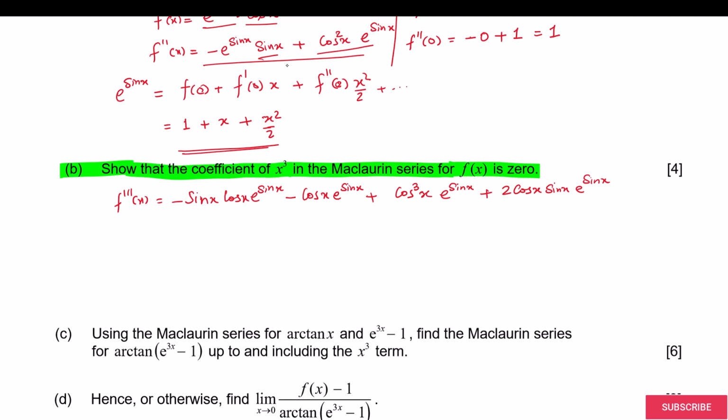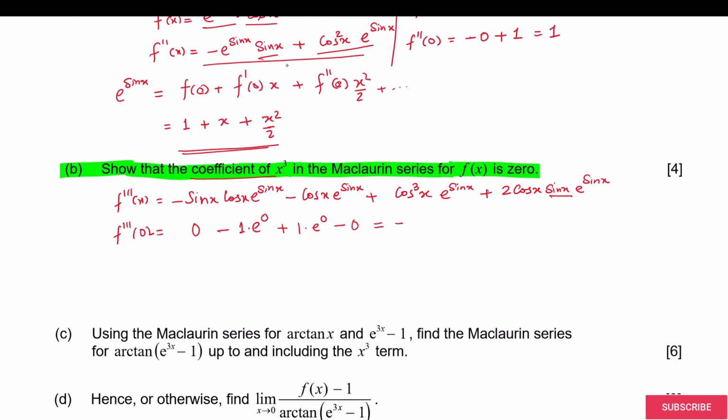Now this is the coefficient of x cubed in the Maclaurin series, so it is going to be f triple dash of 0. So here the first term is 0, minus 1 into e to the power 0, plus 1 into e to the power of 0, minus, there is a sign, so it would be 0 again.